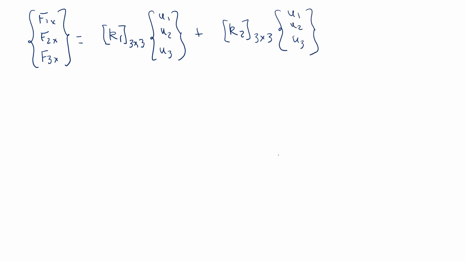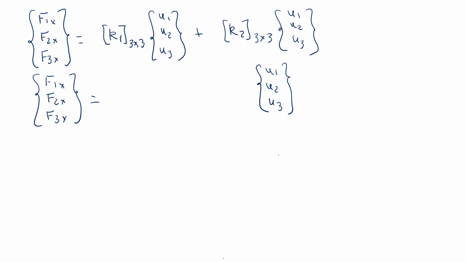Or I can say that F1x, F2x, F3x is equal to, I take the displacements as a common factor here, and then put the sum of the two expanded element stiffness matrices.